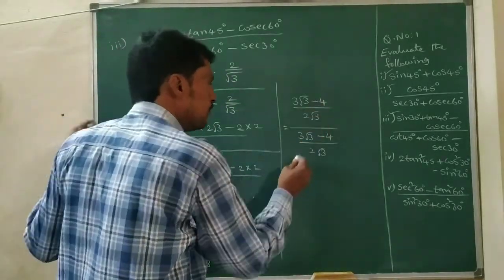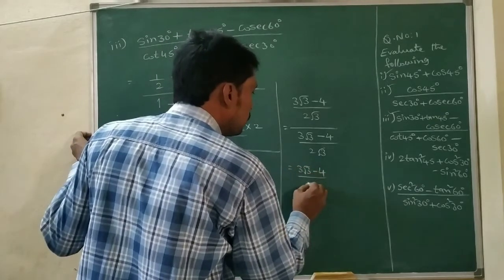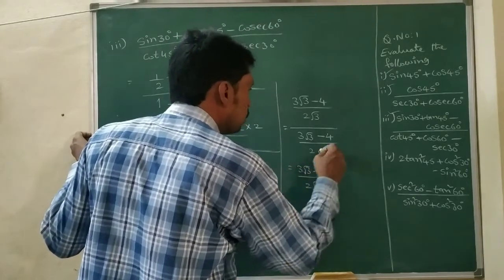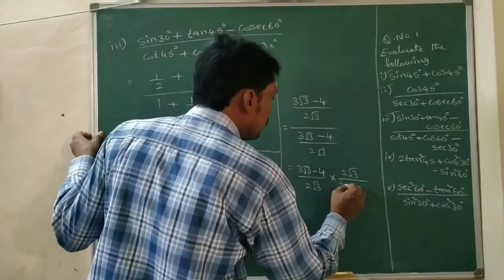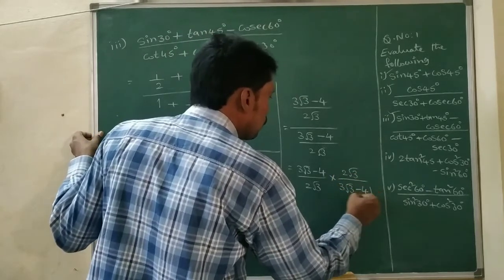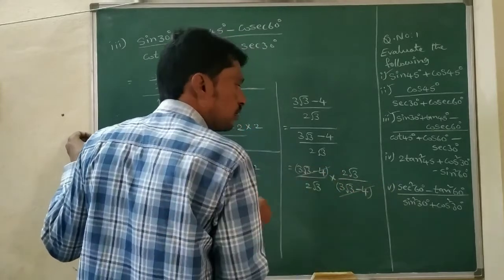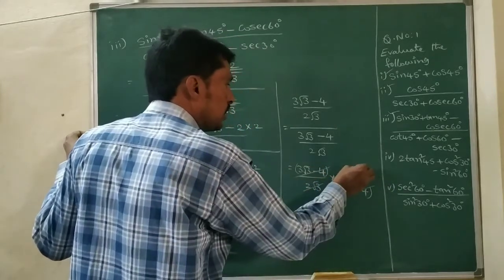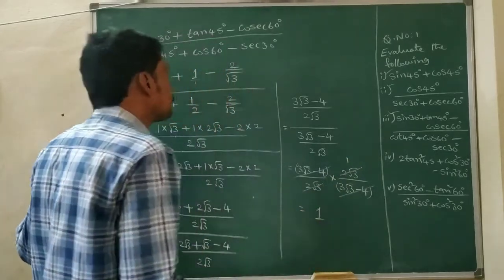This reciprocal we need to take means 3 root 3 minus 4 by 2 root 3 as it is into this multiplicative inverse 2 root 3 by 3 root 3 minus 4. So this 3 root 3 minus 4, this 3 root 3 minus 4 get cancelled. 2 root 3 and 2 root 3 get cancelled means we are getting 1 is answer.